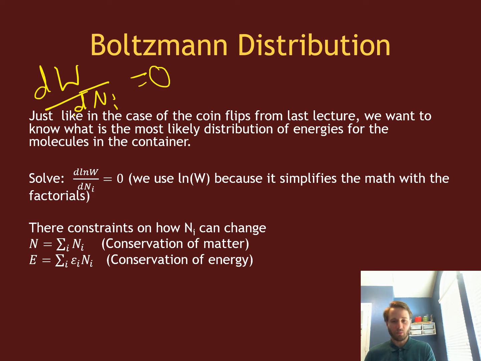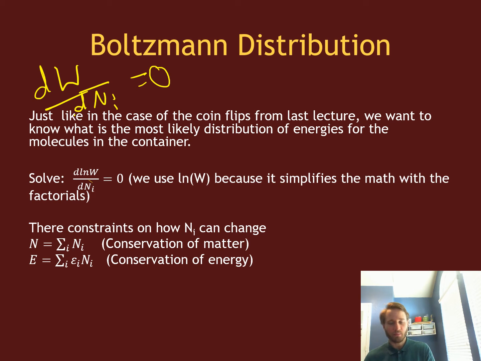And then, when I do this derivative, I want to keep the fact that when I'm changing the number of particles in the ith state, that is not changing anything with respect to the total number of particles. So if I remove some particles from the ith state, I have to put them in the jth state.